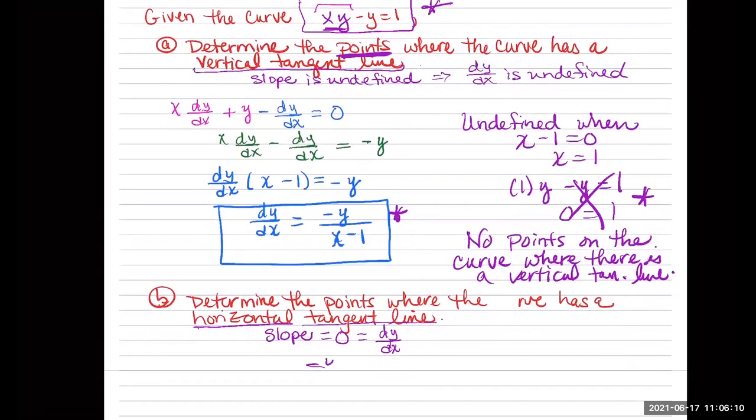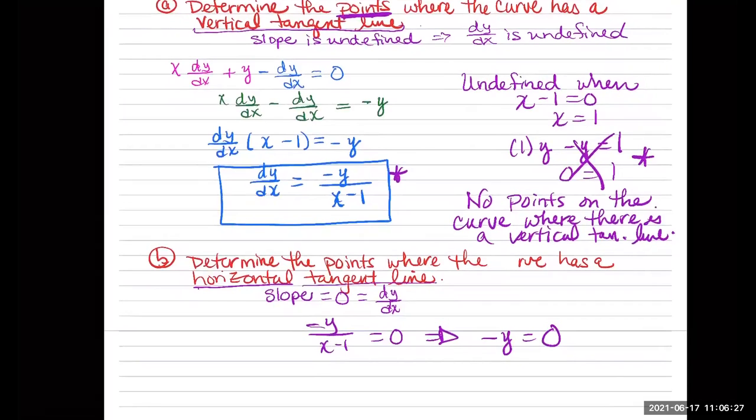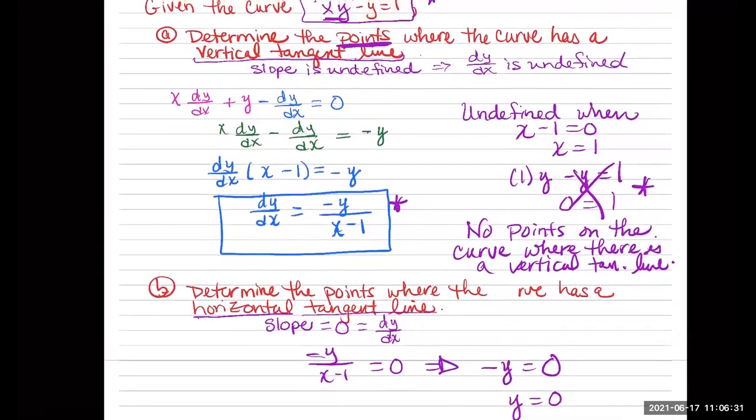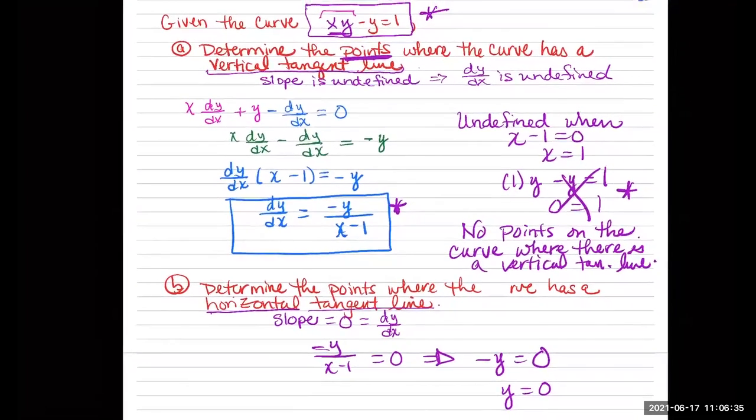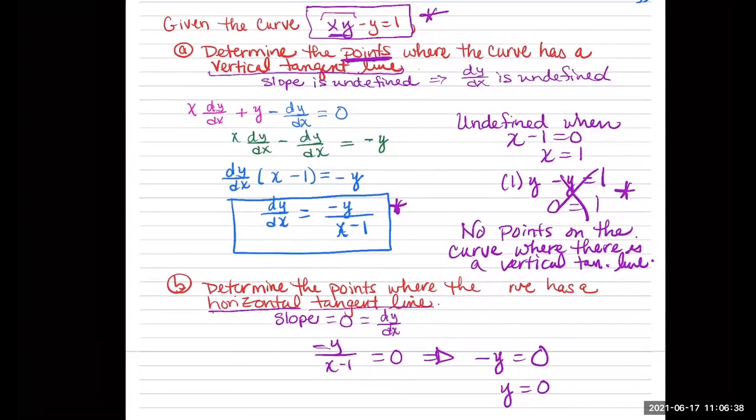So notice if I take this derivative and set it equal to 0, I can multiply both sides times x minus 1. So in other words, usually we'll say that as a shortcut. We just set the top equal to 0 because we can always multiply times the denominator. So we would have a horizontal tangent line at the points where y equals 0. So any questions about that part?